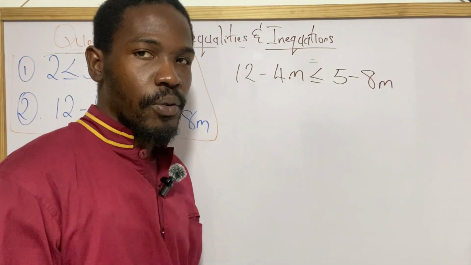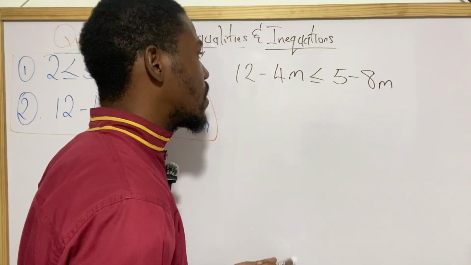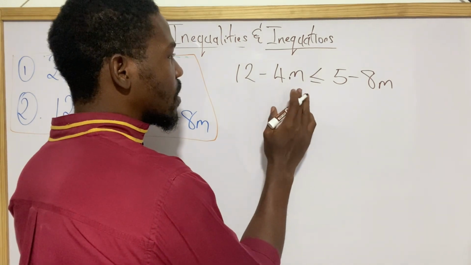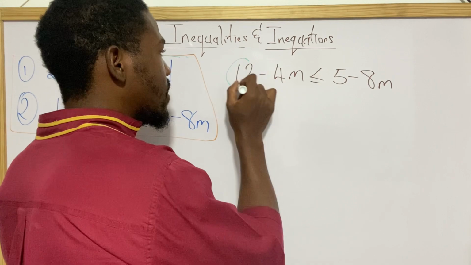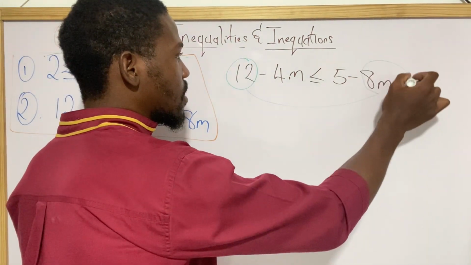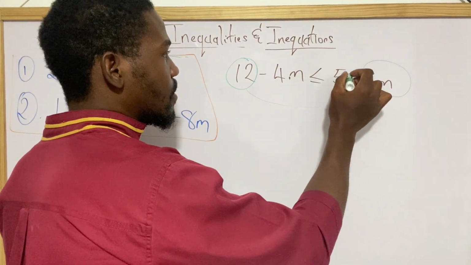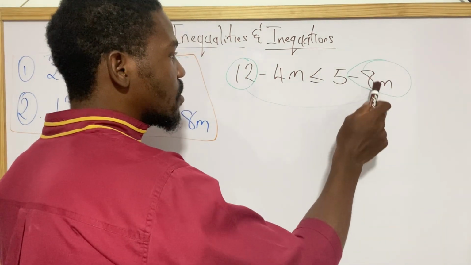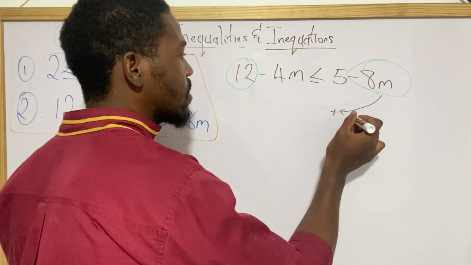normally we would group our terms. So we can still do that. So we can go ahead and still do that. Now I'm going to keep my 4m here. This 12 right here, I'm going to switch it with this negative 8m right here, right? If this is going to come over, it comes over as a positive.